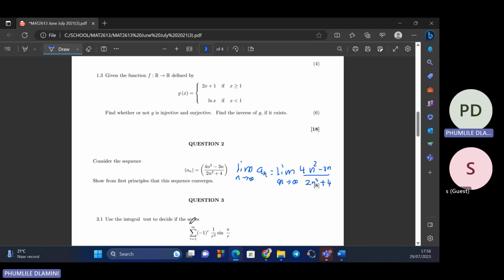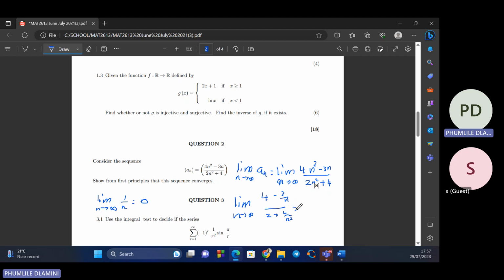When you have done that, because of the n squared there, you can divide everything by n squared. Then you will have the limit as n approaches infinity of 4 minus 3 over n divided by 2 plus 4 over n squared. Remember, always, that the limit as n approaches infinity of 1 over n equals 0.